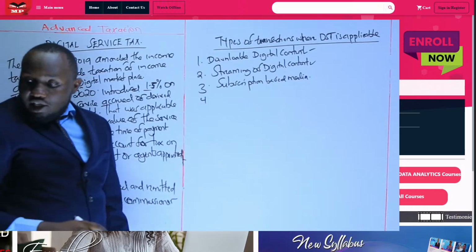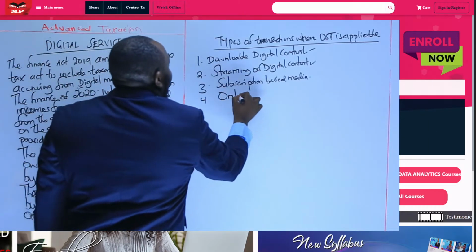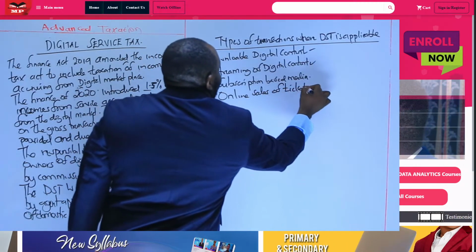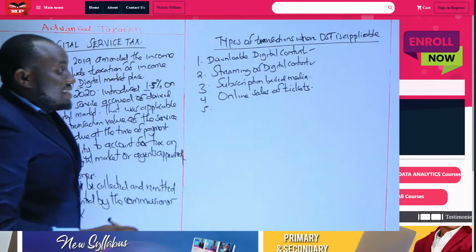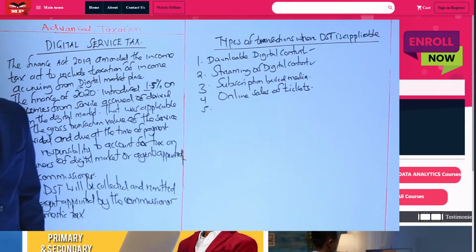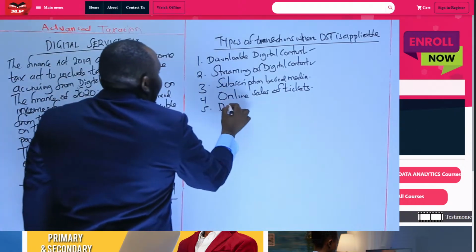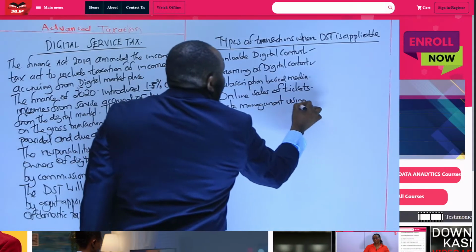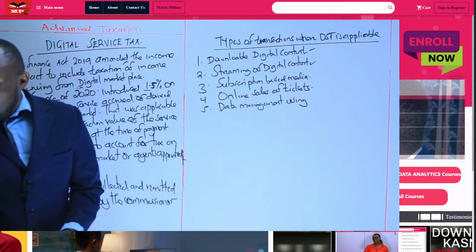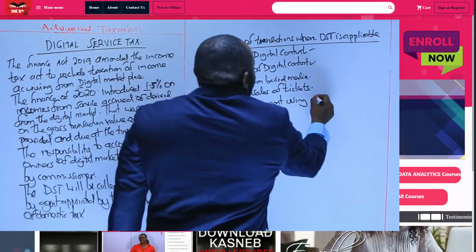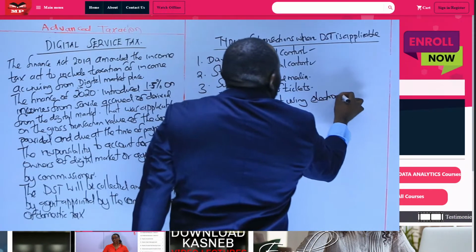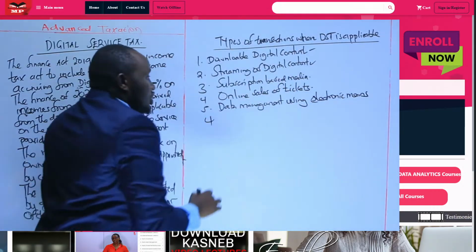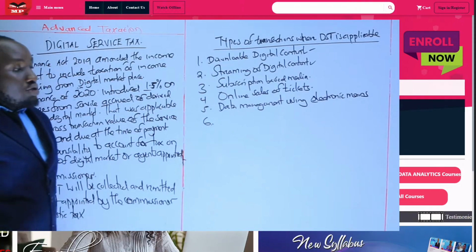We also have online sales of tickets. Data management using electronic means is another area where DST, the digital service tax, is applicable.